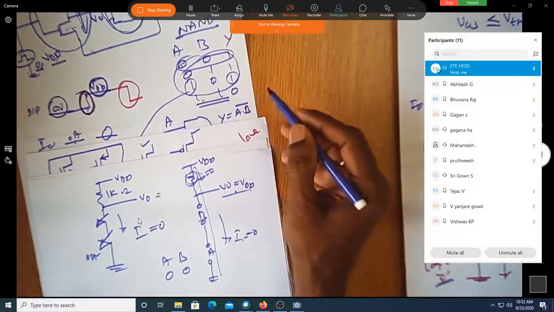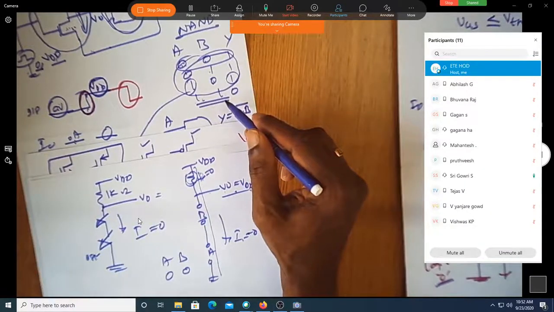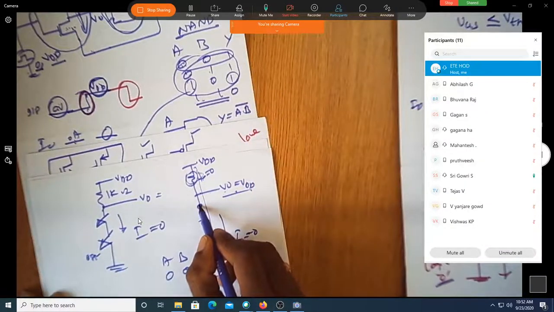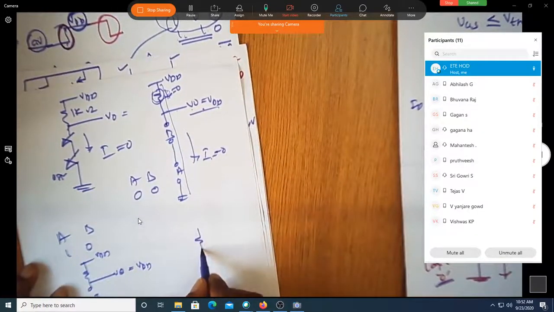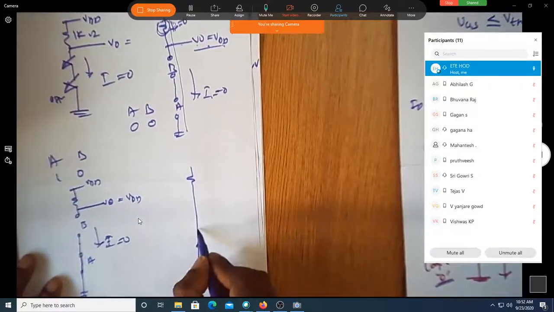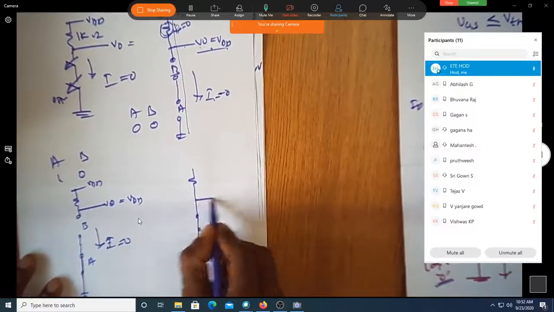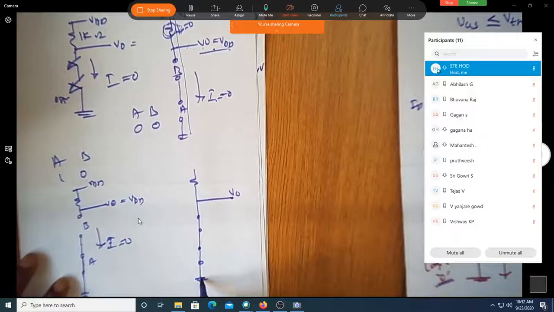For the last one, current would flow, so there would be some drop. Ideally speaking, it is something like this. This is shorted, no? Can you see here? Ideally, is this V0 same as ground here?